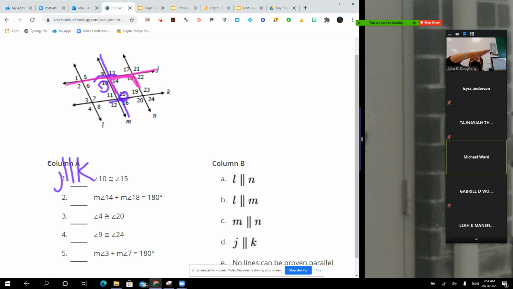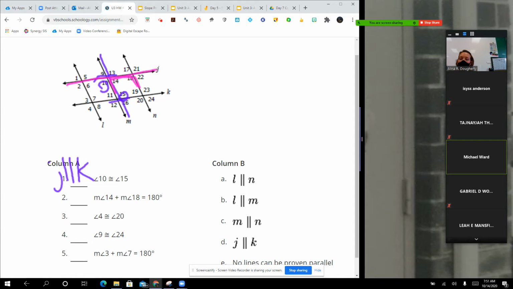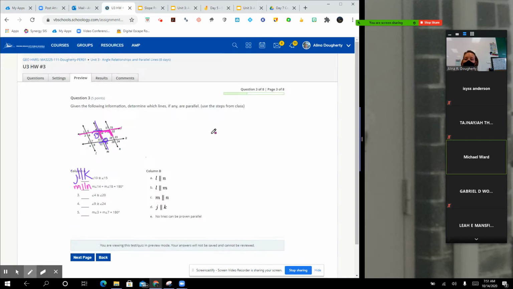So what lines does J connect at the corners of 14 and 18? Did somebody say M? So we've got M at 14 and we've got N at 18. So M is parallel to N. This is what we were trying to get at yesterday, and I did a very poor job of teaching you. So I'm glad that we were asked to do this question.